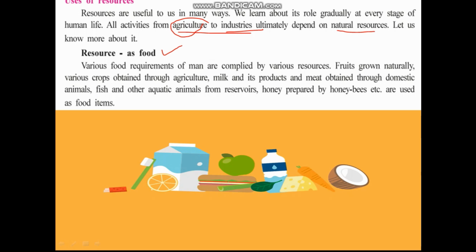All the things that we get, fruits, various types of crops, milk products, meat, fish, honey and other forest products, we get from nature and use as our food items.